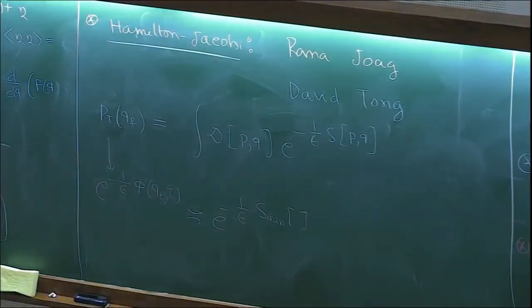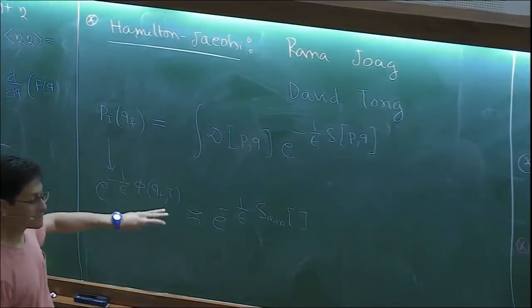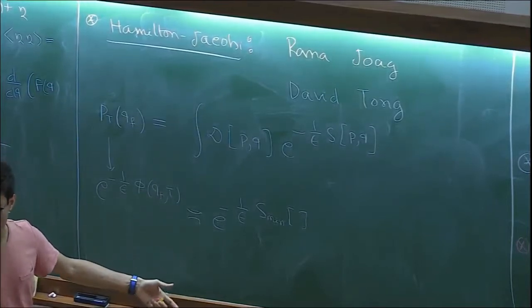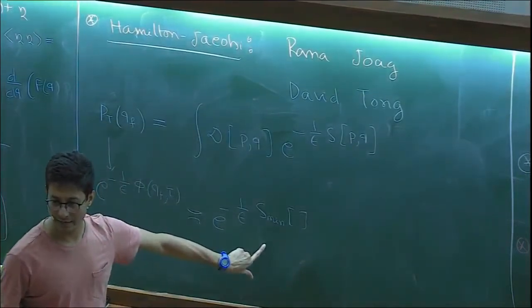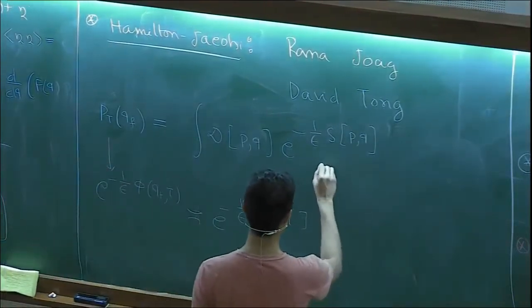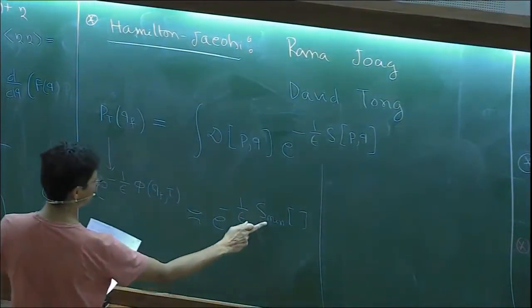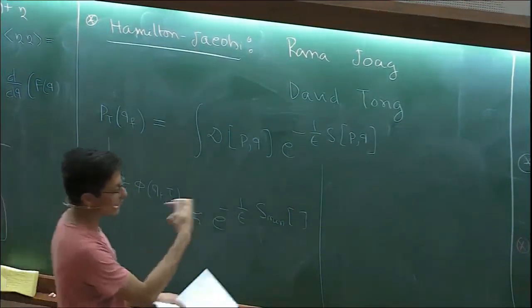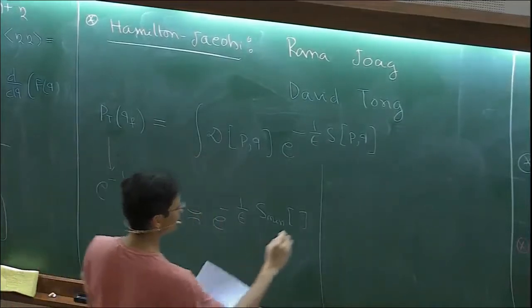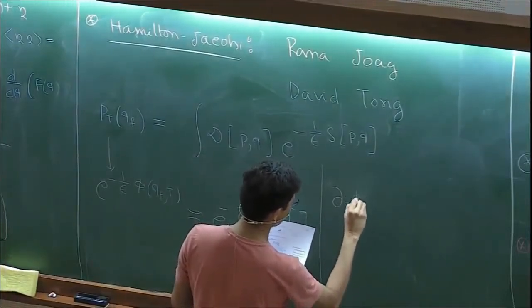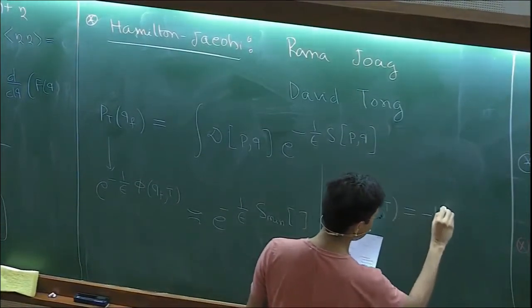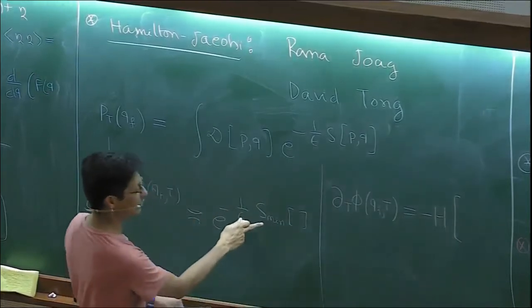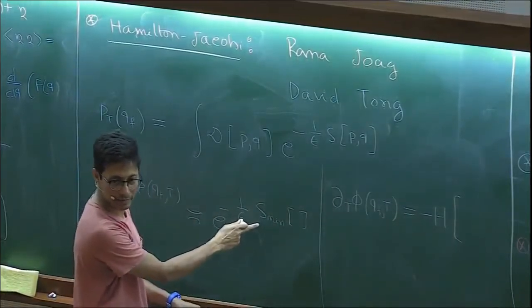Now, in classical mechanics, one does a canonical transformation to solve this least action problem, where one could directly write an equation for this minimal action. And you all know what that equation looks like. The minimal action is exactly the same as phi, so let me write that equation in terms of phi. It would be dt phi at qf at t is equal to minus H, where H is the effective Hamiltonian that was in the action.